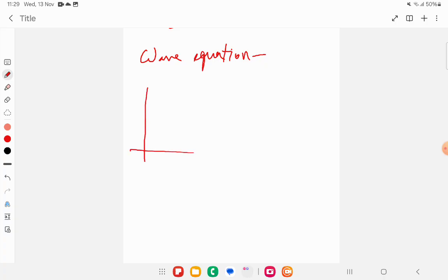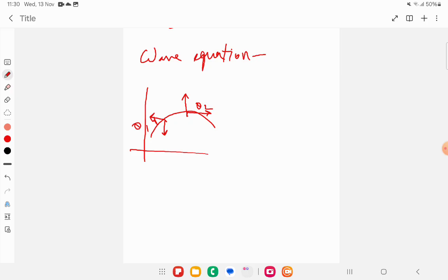Now we will move to the wave equation. This is the angle theta 2 and this is the angle theta 1.